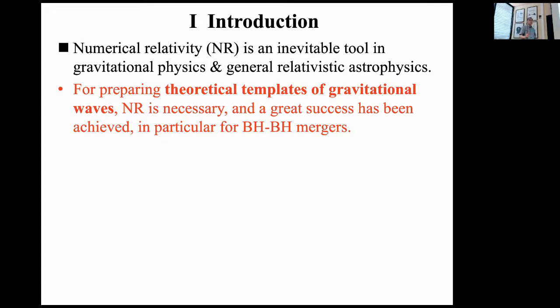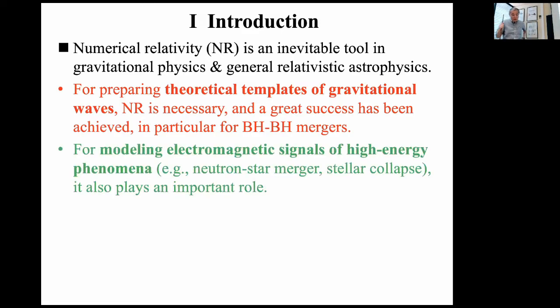To detect gravitational waves and to extract the information of physical parameters from detected gravitational waves, we need a theoretical template, and to construct theoretical templates, numerical relativity is now necessary. So it plays a great role in gravitational-wave astronomy. And numerical relativity plays an important role for modeling electromagnetic signals of high energy phenomena like neutron-star merger and stellar collapse.